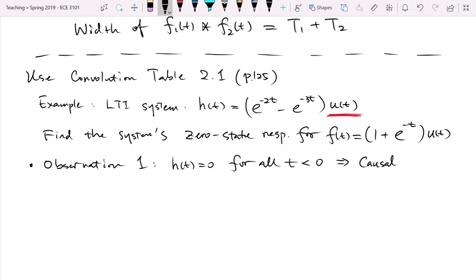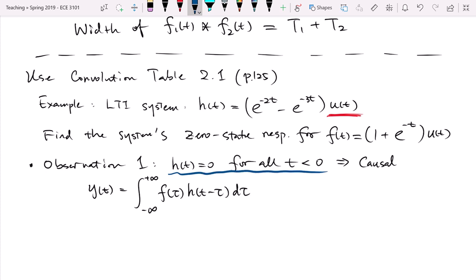The second observation is, if we generalize this discussion by plugging that into this equation: since we already found out h of t will be 0 when the argument is negative, the argument t minus tau is less than 0 when tau is greater than t.